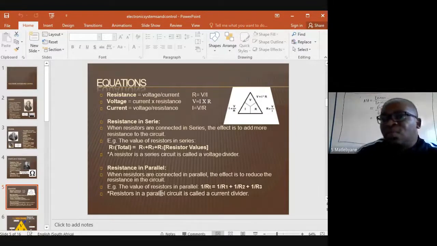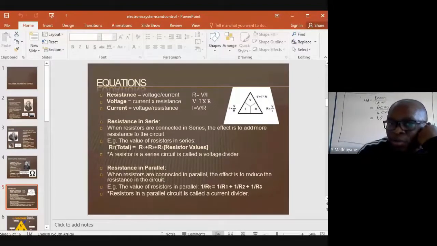Those things are important and they will save you time, because in the examination, you just write the answer. If they say calculate the voltage in a parallel circuit, you just write the value of the total voltage, then you provide a reason. Voltage stays the same, then you get your mark. So you don't need to go through the process of doing that particular calculation.